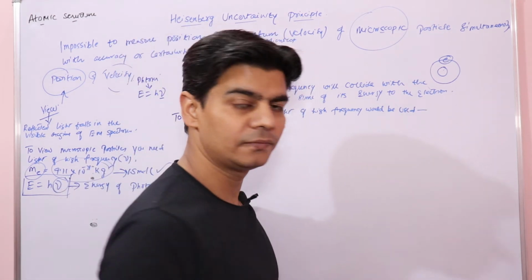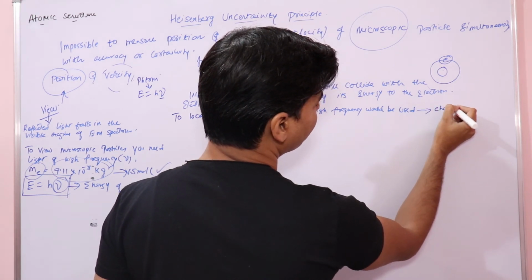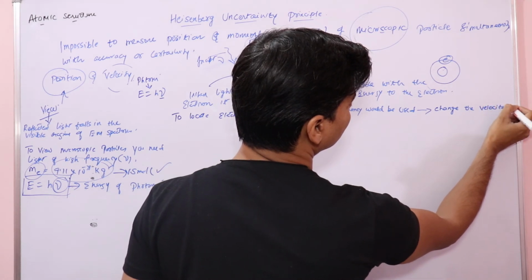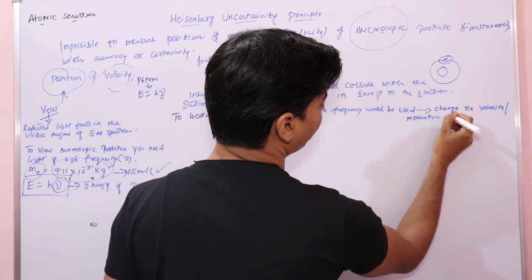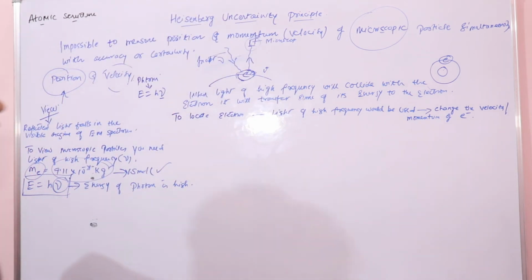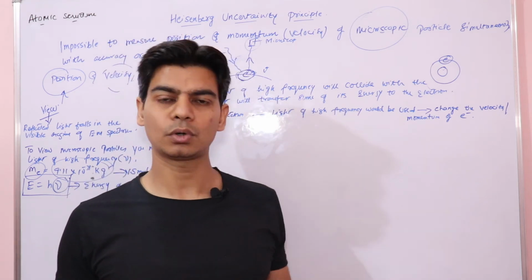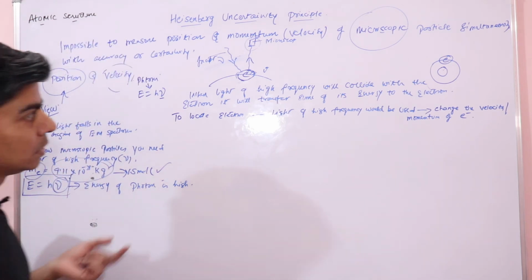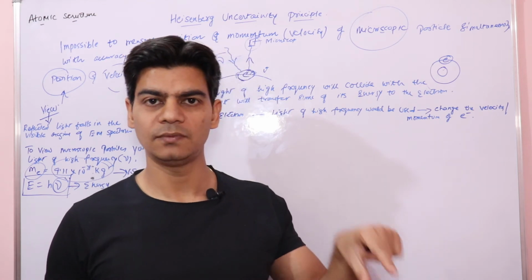And this light of high frequency will change the velocity and hence the momentum of the electron. So with whatever velocity this electron was moving before colliding with the photon of high energy, that velocity will get changed when the photon of high energy collides with it.